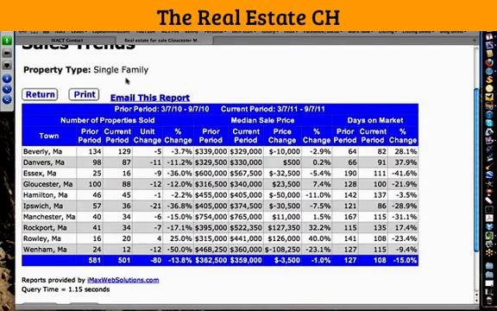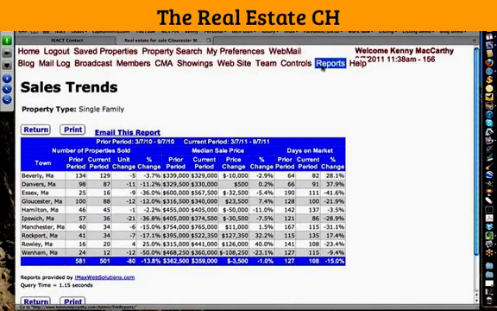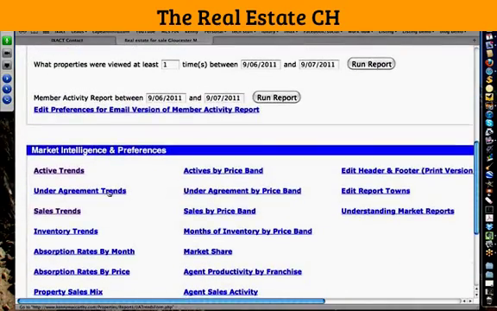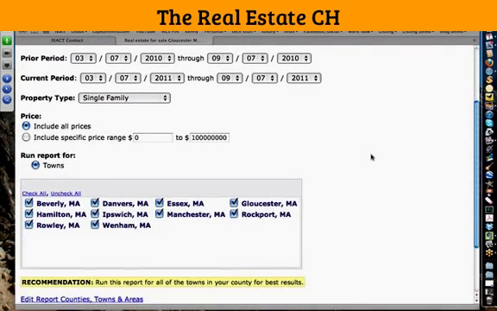That's the active trends and the sales trends, and kind of how to use them. Now let's take a look at the under agreement trends. The under agreement is the pipeline. It's not a data point because all we know is what the seller asked. All we know is what they hoped for. We don't know what they actually got.